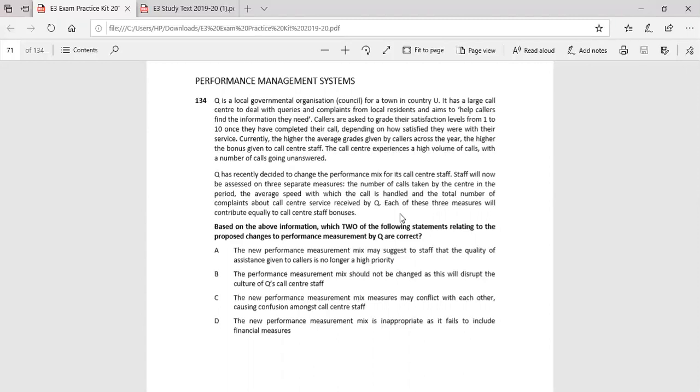Q has recently decided to change the performance mix for its call center staff. Staff will now be assessed on three separate measures: the number of calls taken by the center in the period, the average speed with which the call is handled, and the total number of complaints about call center service received by Q. Each of these three measures will contribute equally to call center staff bonuses.